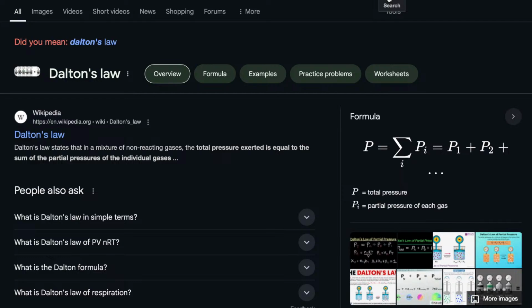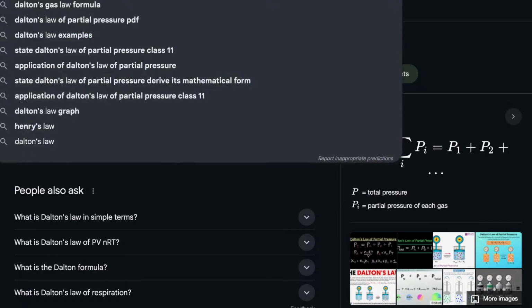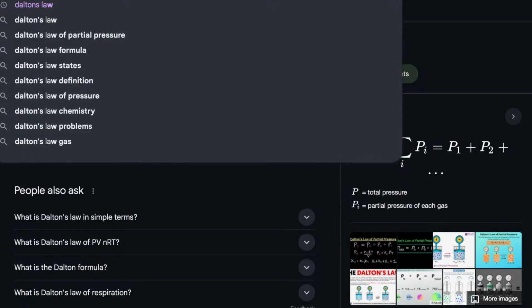So Dalton's law is that really easy one. Air is composed of multiple gases. All the partial pressures of each gas will equal the total pressure of the gas. So that one's easy.